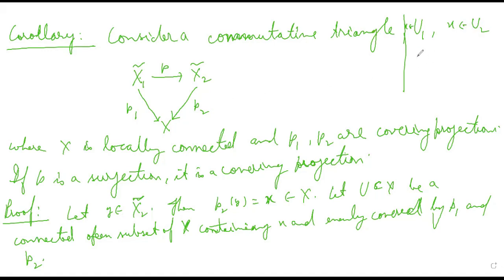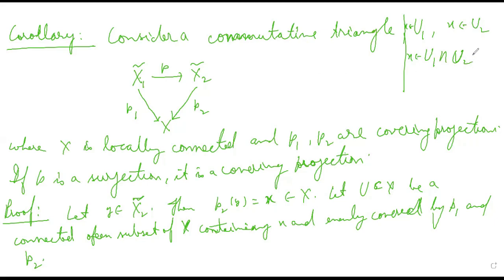Now we can choose U1 intersection U2. This is going to contain X, and this will be evenly covered by P1 as well as P2, because this is an open subset of U1 and this is an open subset of U2.